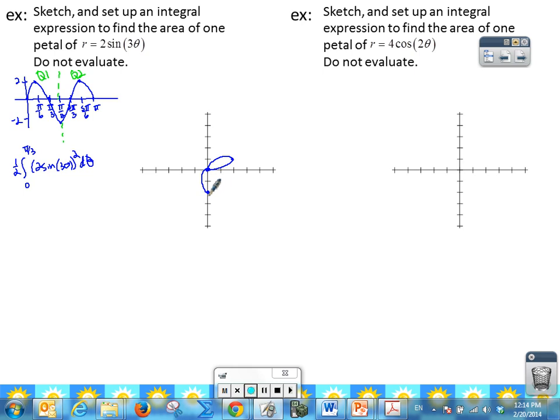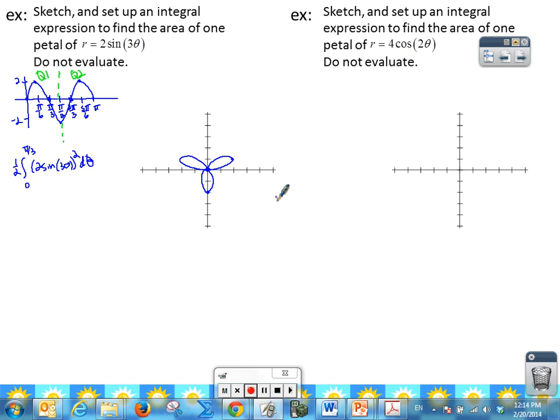And we go up, and we have the completion of our second petal right here, at 2 pi over 3. So now I am all positive r's. I'm in my second quadrant. So at 5 pi over 6, which is down here, my other petal would be here.